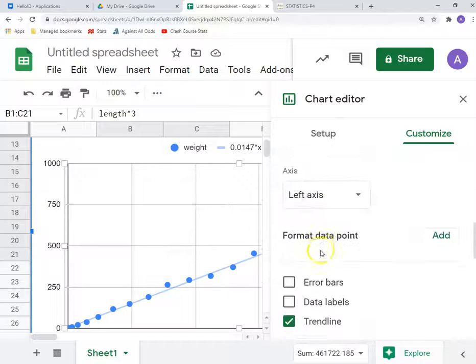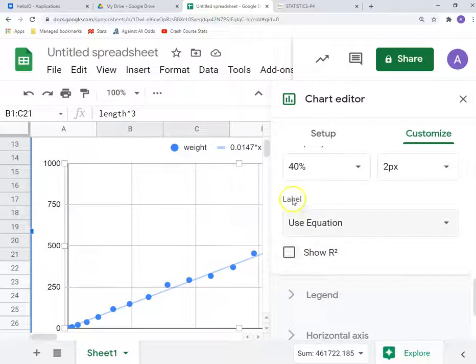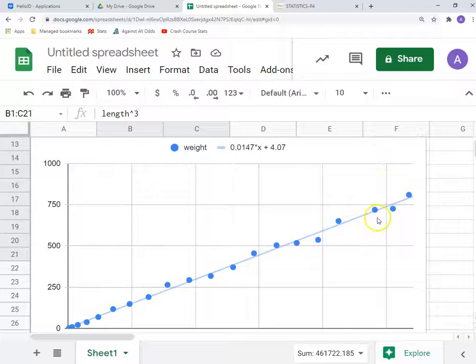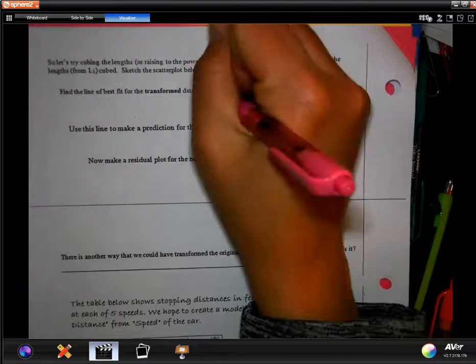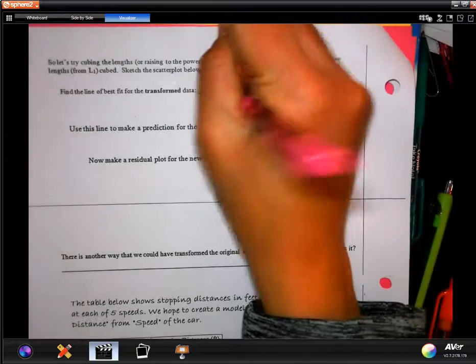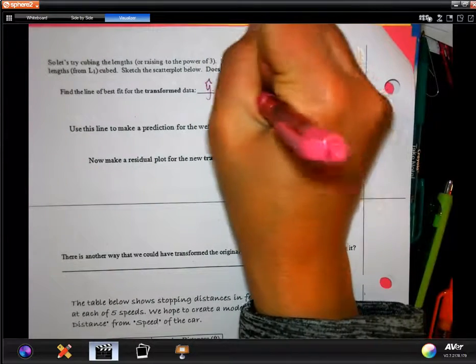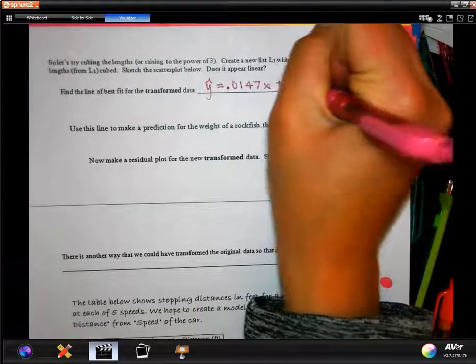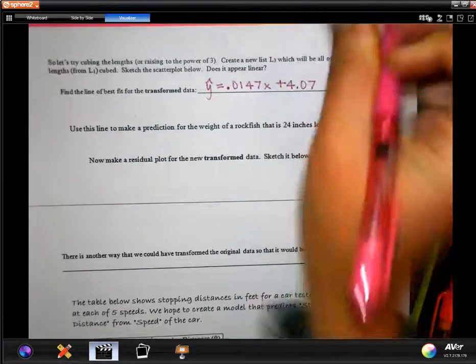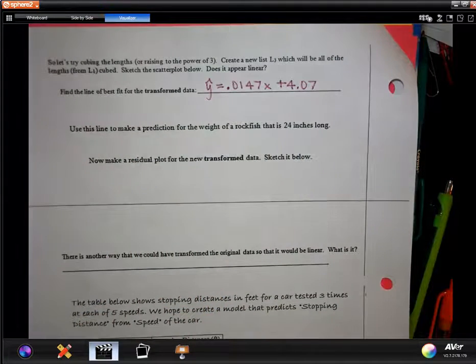Our new equation is y hat equals 0.0147x plus 4.07. I want you to use that line to make a prediction for the rockfish that's 24 inches long.